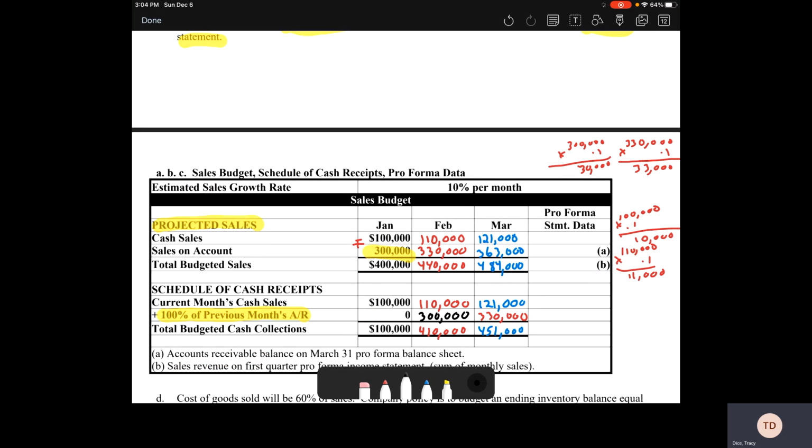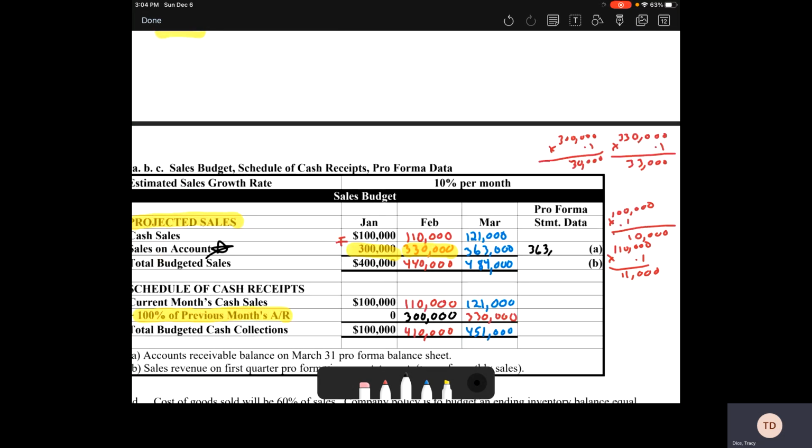Well, we collected the 300,000 in February, and then in March, we collected the 330,000. So what's left in our accounts receivable? Well, 363,000. That's what we should have in our accounts receivable because we collected all of the previous months. It's only what the current month had.